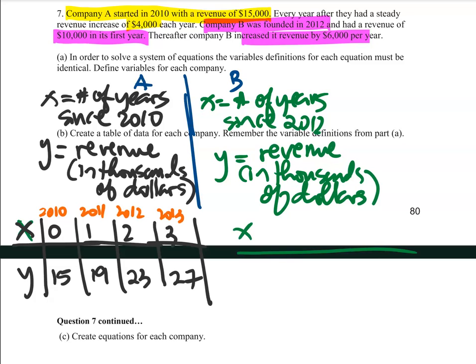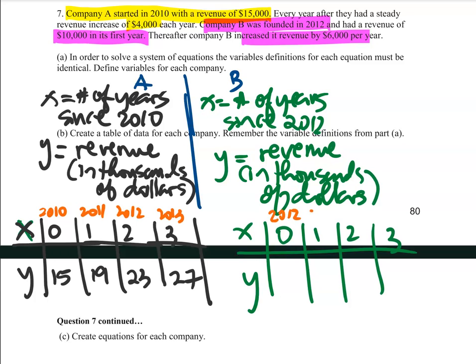And Company B, I'm going to use X and Y here. I'm going to start at 0, 1, 2, and 3. So think that this is at 0, they started in 2012. So this is 2013, 2014, 2015. Okay, so they had a revenue of 10,000.